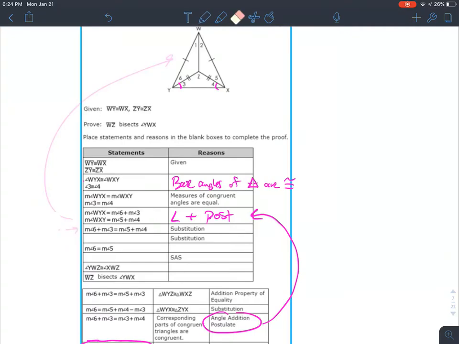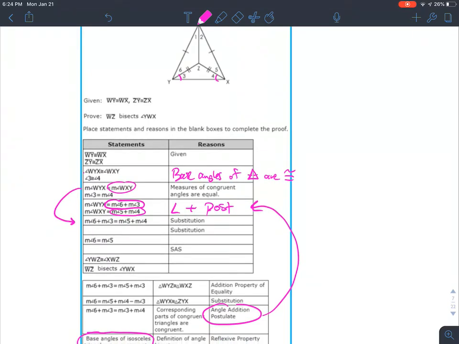So here's what's happening with this. They took this line here and replaced the left side with 6 and 3. They replaced the right side of this with a measure of angle 5 and 4. That's the substitution property that happened twice. Hopefully that makes sense.